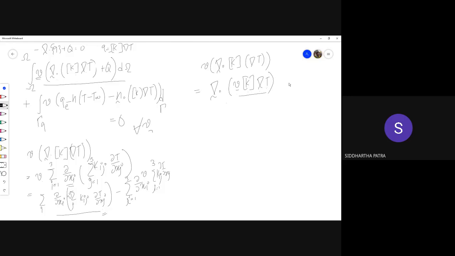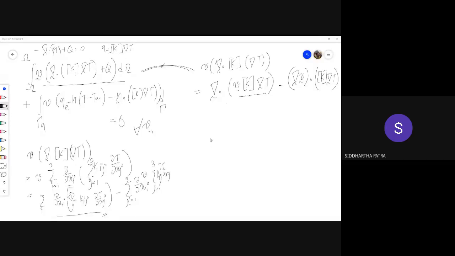I'm taking the divergence of that, and then here I'm subtracting another term which is grad of v, taking dot product with k times grad of T. Okay, so now if I substitute that to this expression over there, this is what I get.